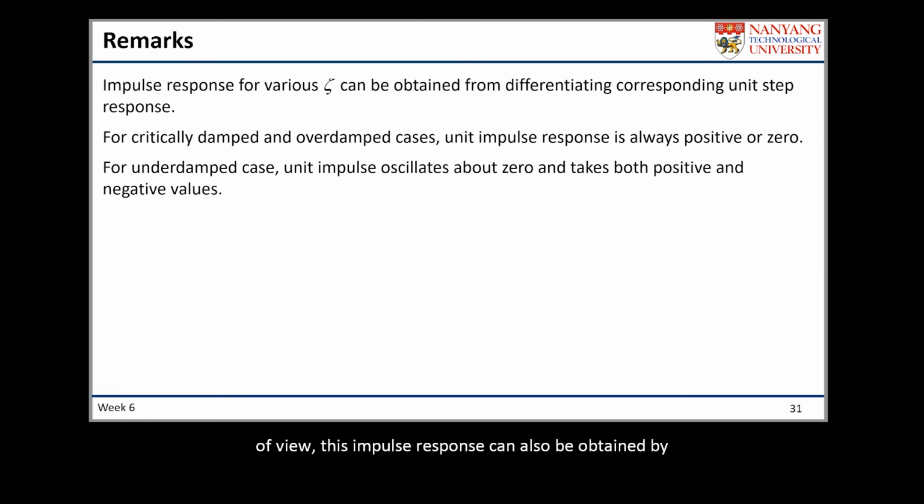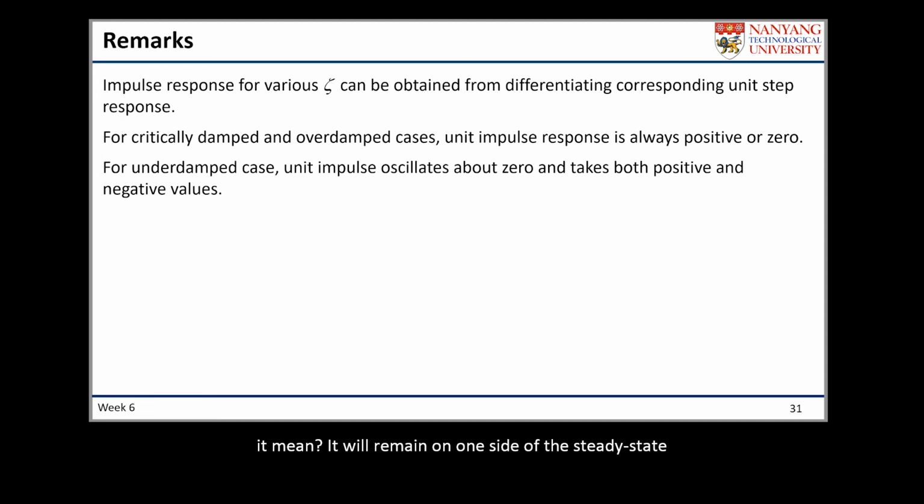From a mathematical point of view, this impulse response can also be obtained by differentiating the unit step response. Okay, for the critically damped and overdamped cases, of course, you will not have an oscillation. So in that case, the unit impulse response will not oscillate. If it doesn't oscillate, what does it mean?